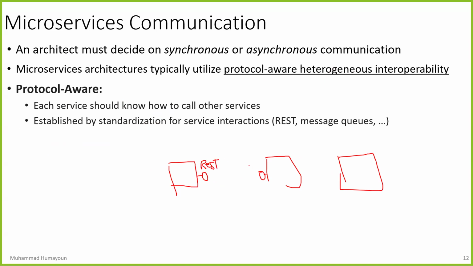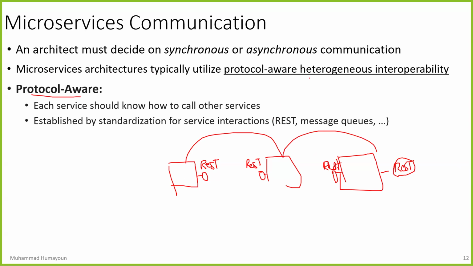Let's say for simplicity, this one also says I will talk in REST, and this one also says I will talk in REST. A very common way of communicating these days. Now they have agreed that communication will happen using REST, so they are protocol aware. Now everyone knows what protocol has been used. It's a RESTful API. Great.